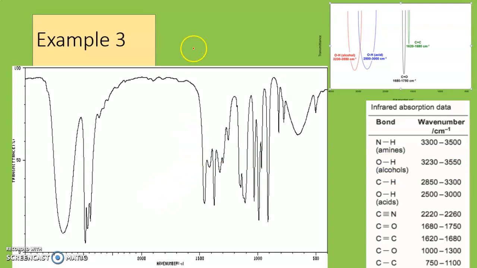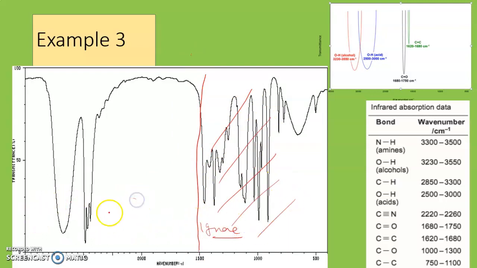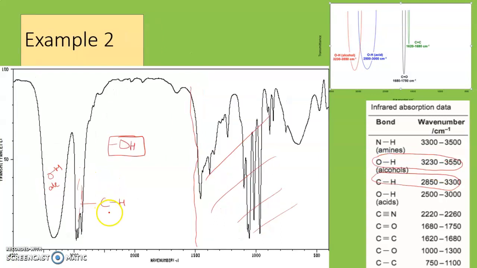Example 3, again, I'm going to ignore any data above 1500 because I don't need that. So you ignore this. Now we focus on this particular area. This is again, I've got here CH. So that's your CH. This one here is again OH. So I've got two spectrum here.